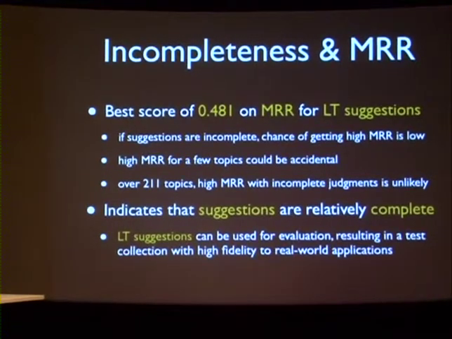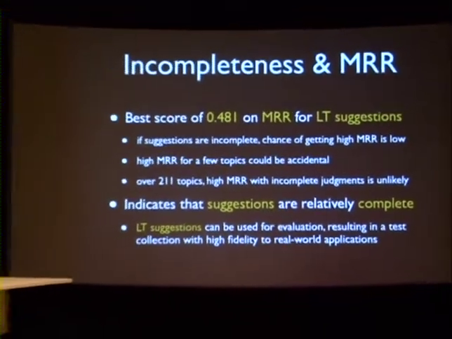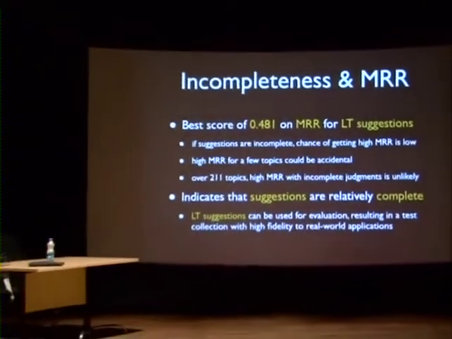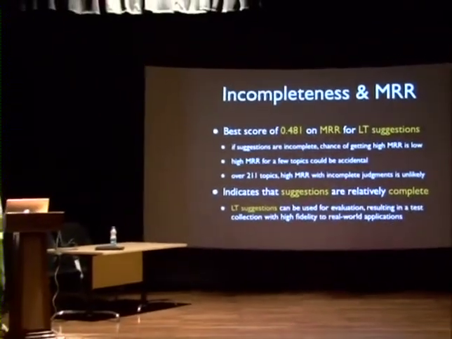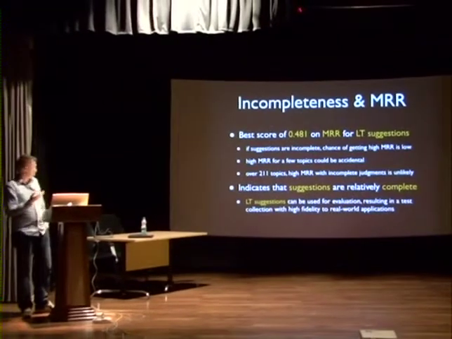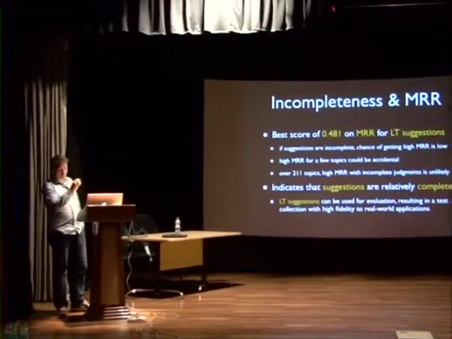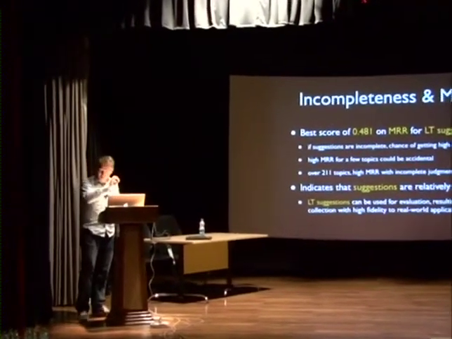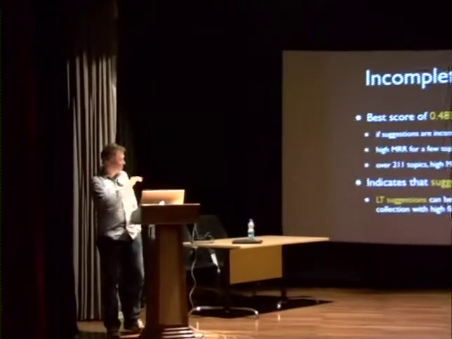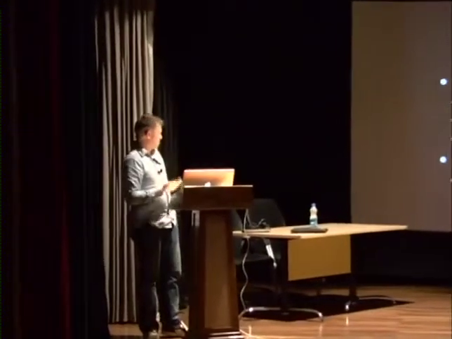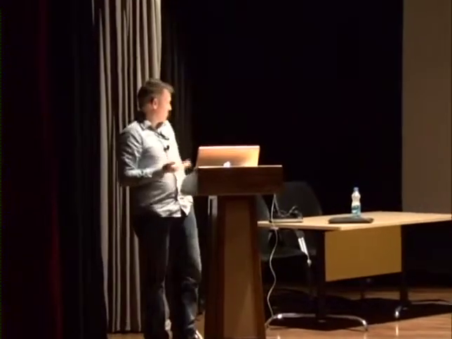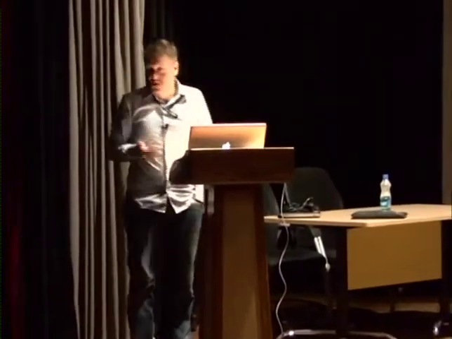But if it's only 1%, then by chance you could be at rank 1 or 2, but not over all topics on average at rank 2. So if it's usually at 1, and sometimes at 2, sometimes at 3, and on average at rank 2, this kind of means that the forum suggestions must be approximately complete.